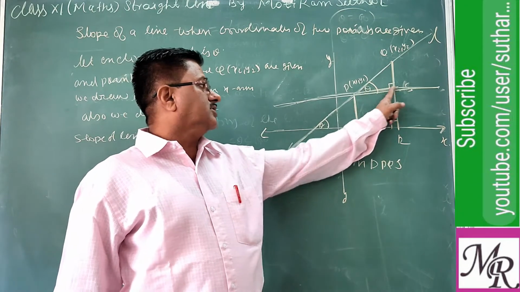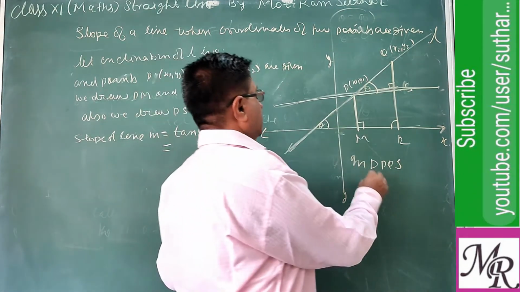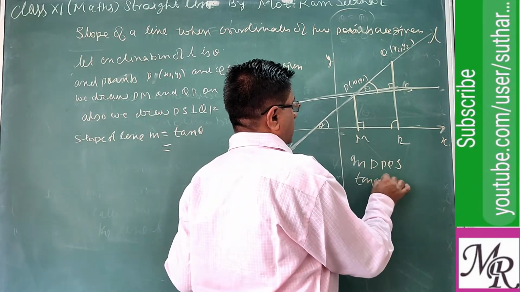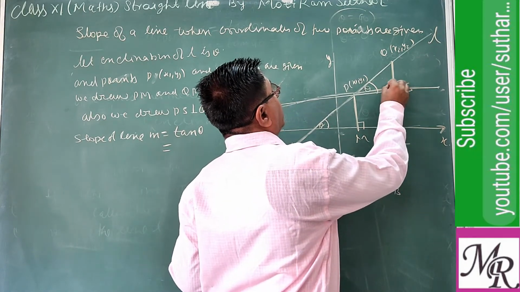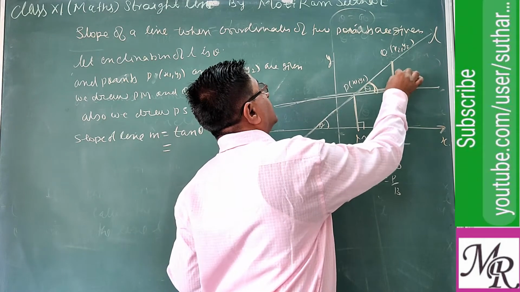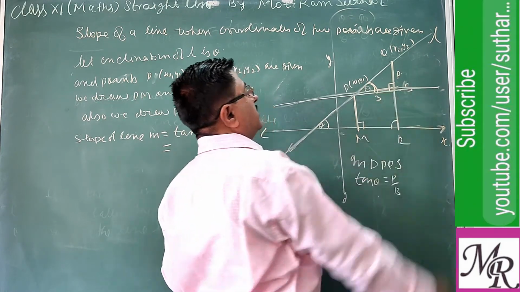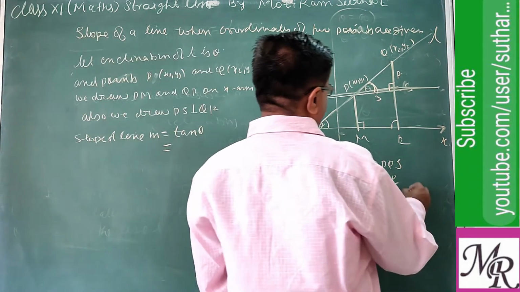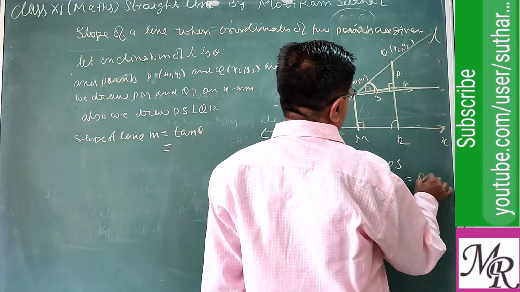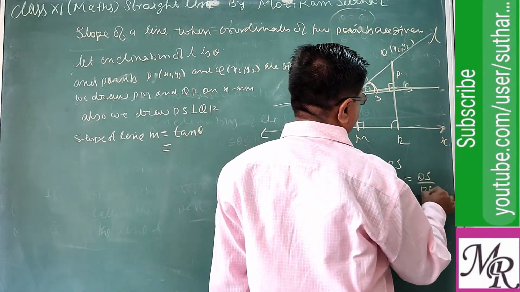So in this triangle, what is the value of tan theta? Tan theta is perpendicular upon base. This angle is 90, this is theta, then this is the perpendicular and this is the base. So we can say the perpendicular means QS, and the base means PS.